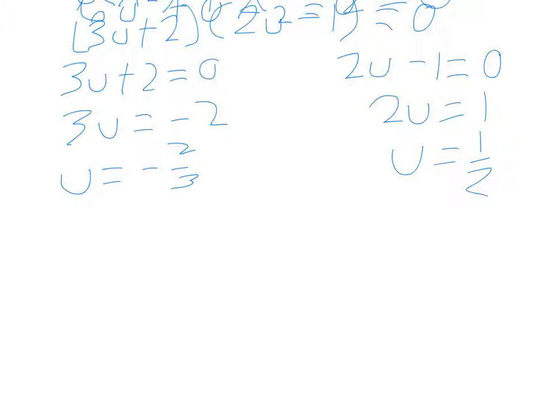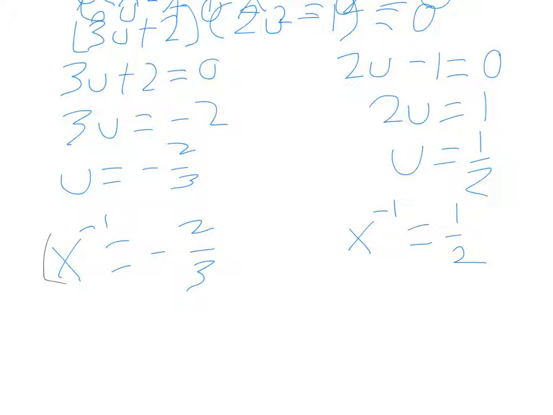Now, remember, u is equal to x to the negative first, so x to the negative first is equal to negative 2/3, and x to the negative first is equal to 1/2. Now, there are two different ways you could go about it.